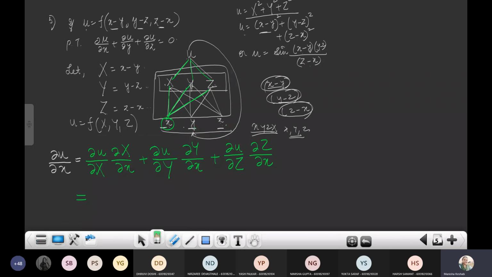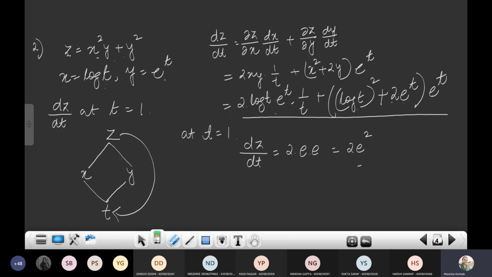Now, what is del u del X? हमें function क्या है नहीं पता है, right? If we know the function u कैसे define किया है, then only we can find del u del X. But यहाँ पे तो हमें function क्या है पता ही नहीं है. ये function ऐसा भी हो सकता है, ऐसा भी हो सकता है, कोई कैसा भी हो सकता है. So we don't know what exactly the function is. जबकि हम जब previous problem किया था तो हमें पता था कि z किस टाइप का function है.